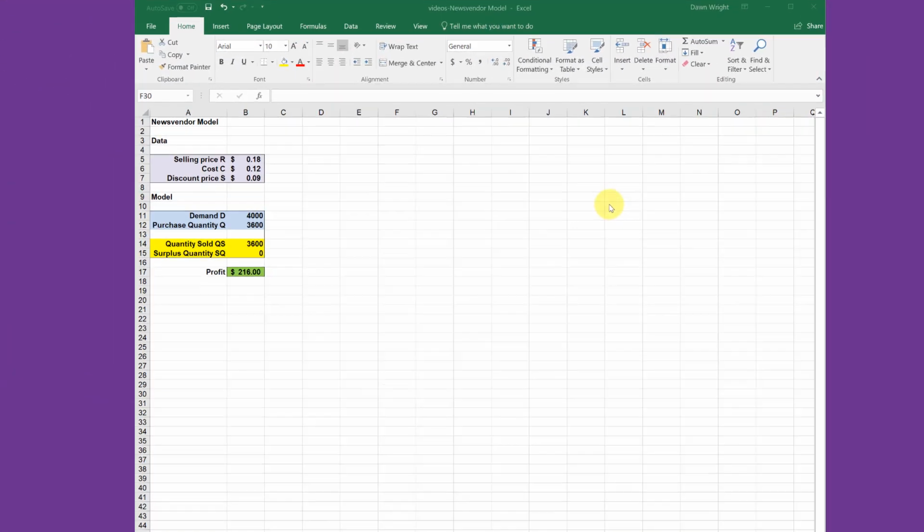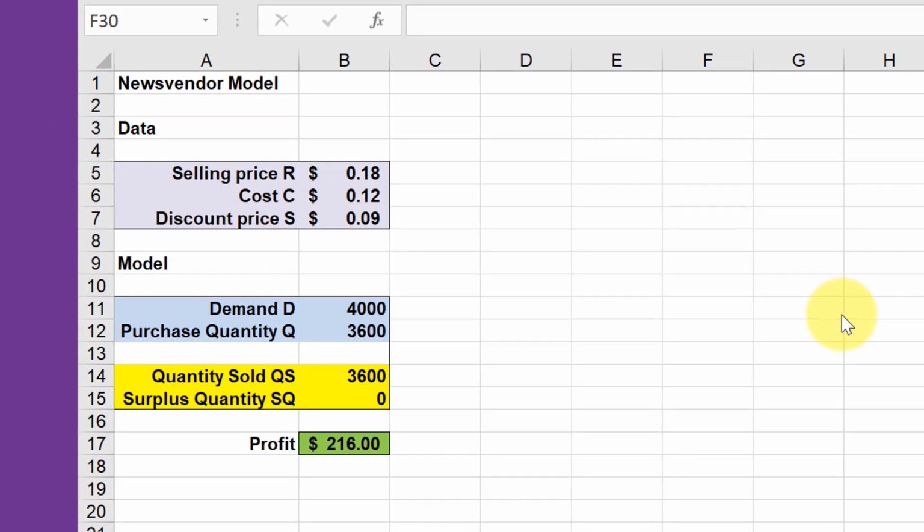Here is the decision model we built in Excel. And we're given this data up here again, the things that are fixed by the publisher. And we're assuming that those are not going to change, that they are static. The things that could vary are the demand and the quantity he buys. And we don't know what those are.